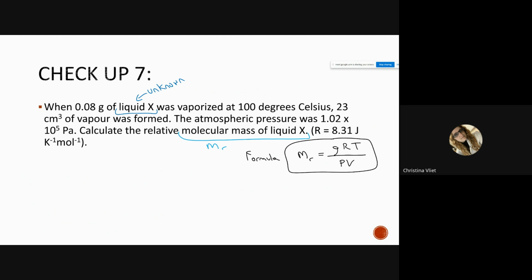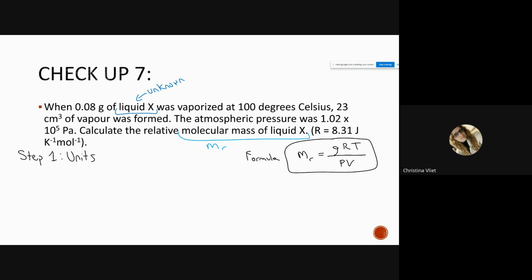But before I could start plugging numbers in the formula, if you learned something from what I did in the first question, what's step 1? Can I just start throwing numbers in and be like, it's gonna work? Step 1, units. You have to have the correct units. If you don't have the correct units, you're gonna mess up 100%.